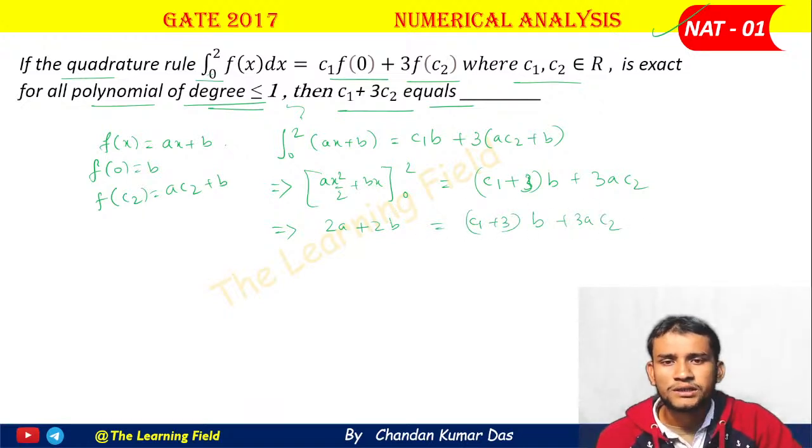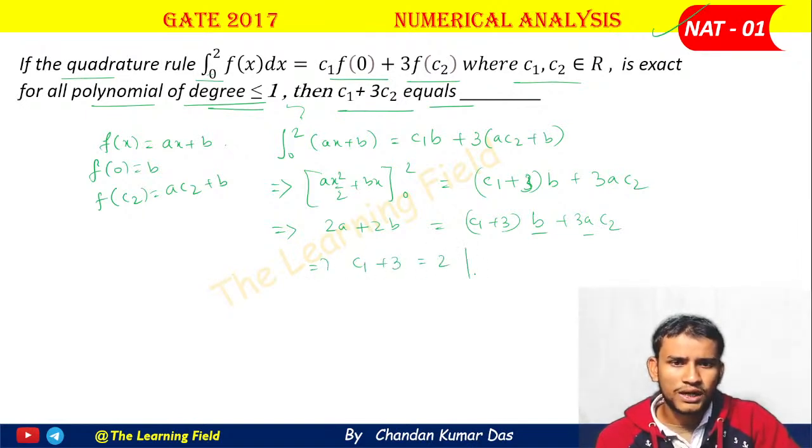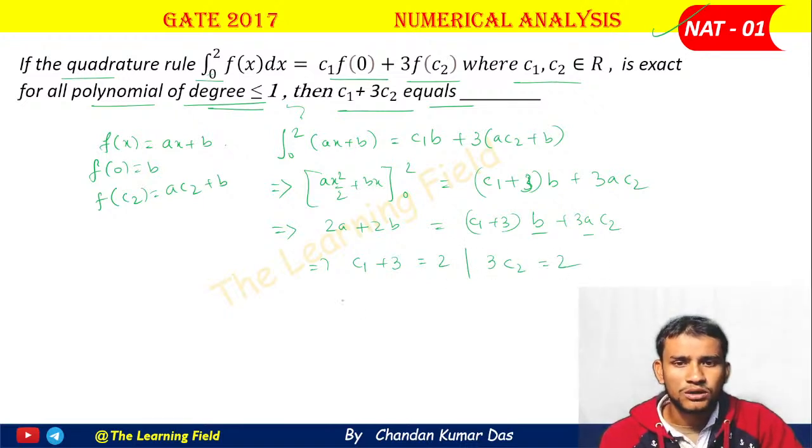This gives 4 by 2, so 2a plus 2b, which equals (c1 plus 3) into b plus 3a c2. Now equating both sides, the coefficients of a and b, we get c1 plus 3 equal to 2, and 3 c2 equal to 2. So c1 equals minus 1 and c2 equals 2 by 3.